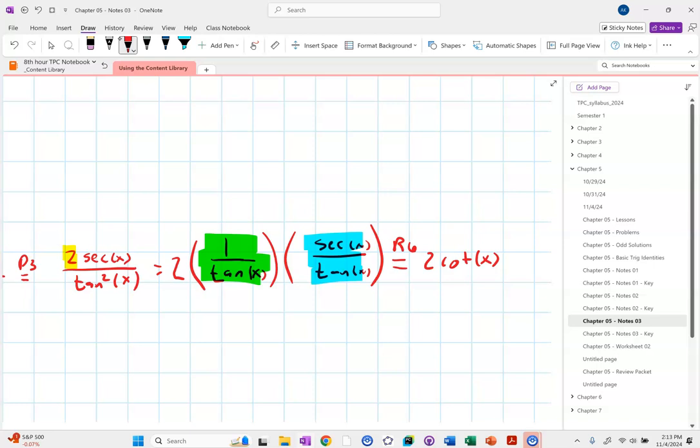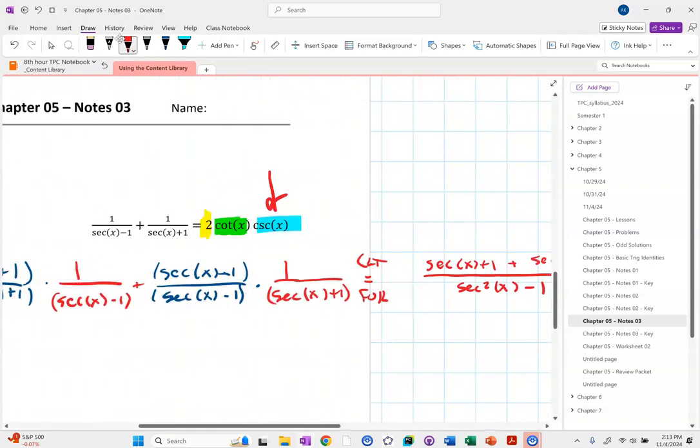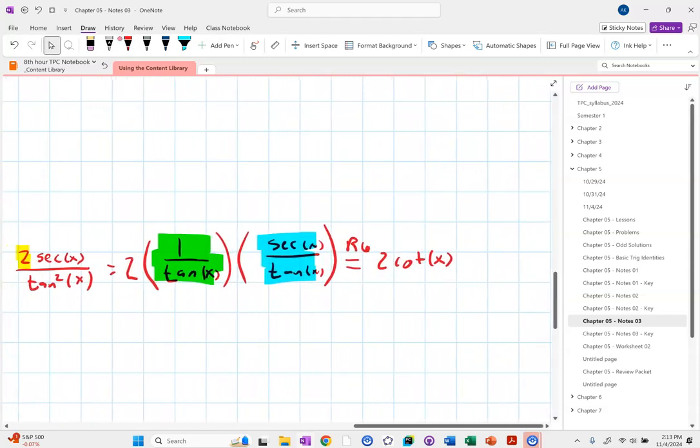If I look at Q1, tangent is secant over cosecant. Why am I looking for a cosecant? Because I need to have one in my final answer. So that's the identity that I would choose to do here.